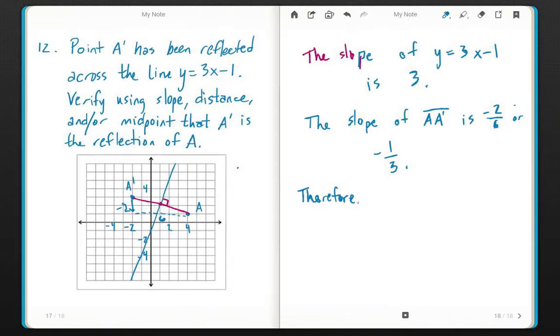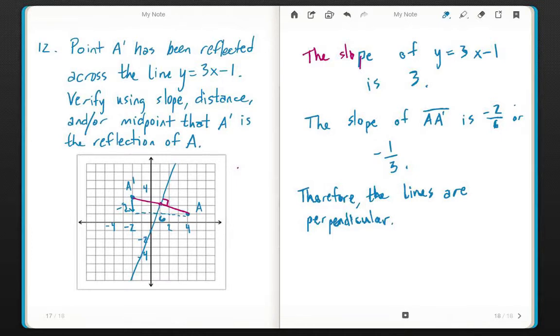And from that, we conclude, therefore, the lines are perpendicular. So we have proven the first part: since they are perpendicular, that is a right angle, and this line is in fact perpendicular to the original.